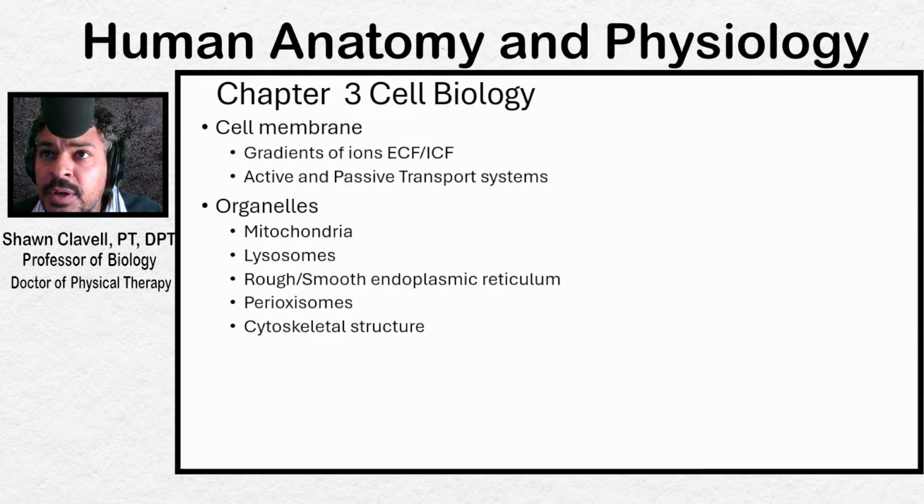And then the organelles, right? So be familiar with the organelles of the cell, whether it's the mitochondria, the lysosomes, the rough or the smooth endoplasmic reticulum, the peroxisomes, or those cytoskeleton structures: microfilaments, microtubules, and intermediate filaments.